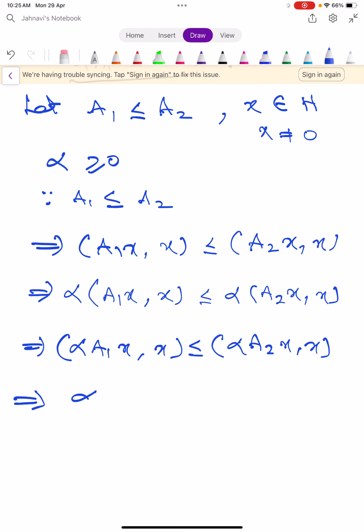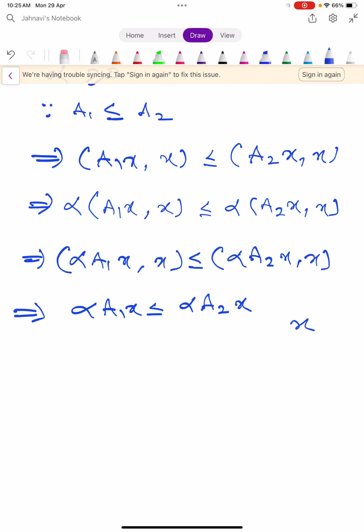This shows alpha a1x less than or equals to alpha a2x. Because x not equals to 0, we conclude that alpha a1 less than or equals to alpha a2. That is the required result whenever alpha is greater than or equals to 0.